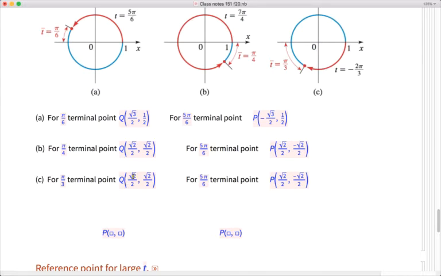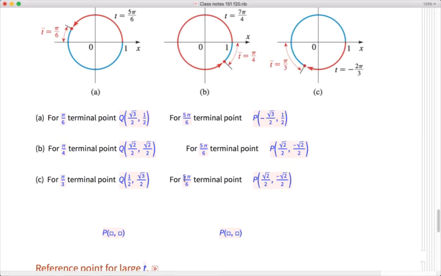So steep means the x-coordinate should be fairly small and the y-coordinate should be quite large. That pi over 3 is over here in the first quadrant, and it's directly across from the terminal point that we want. This terminal point actually has negative x and a negative y.